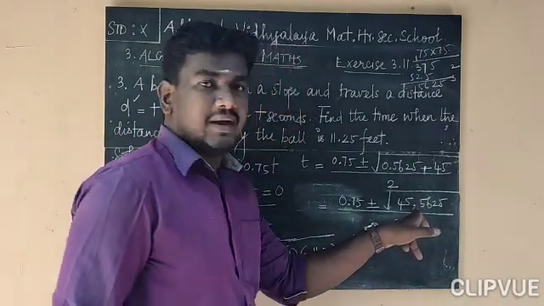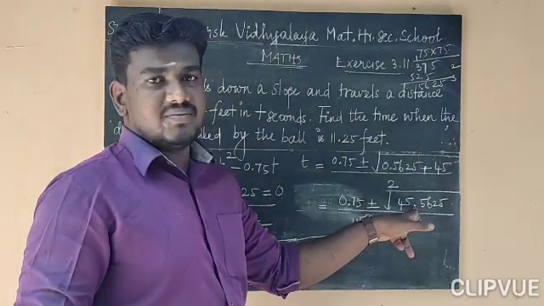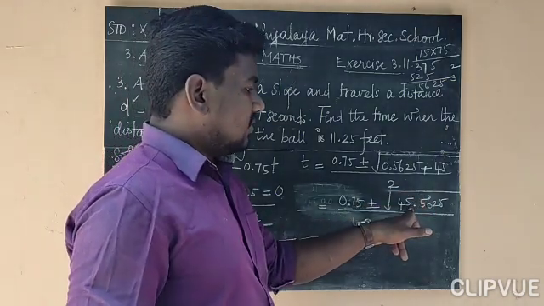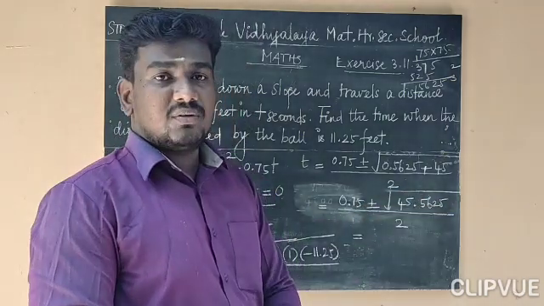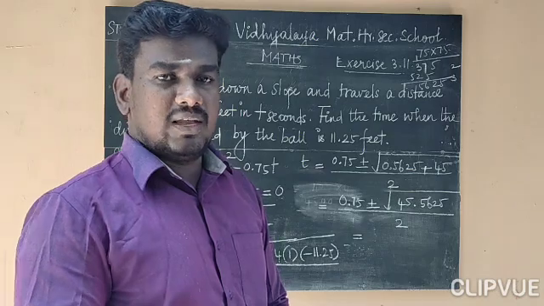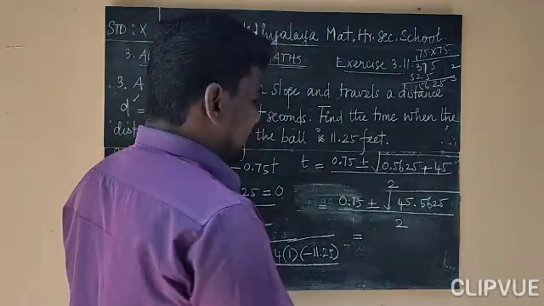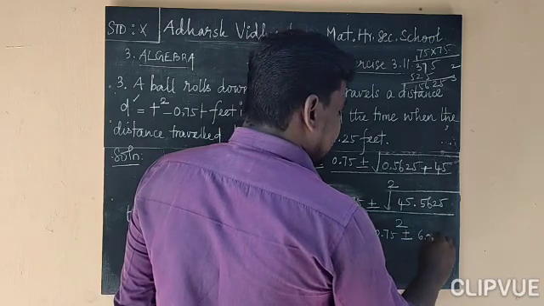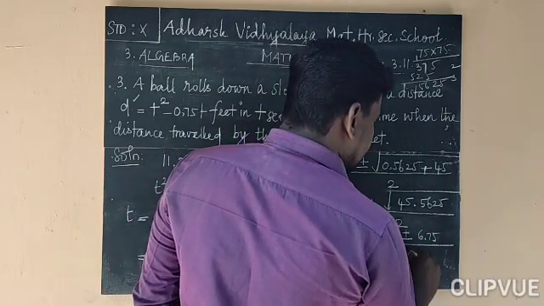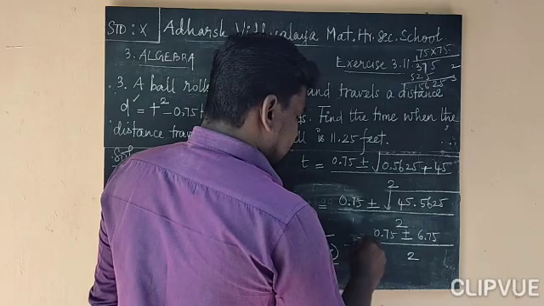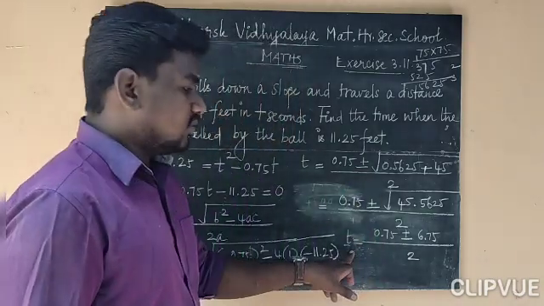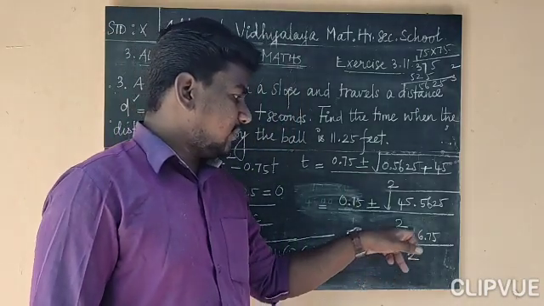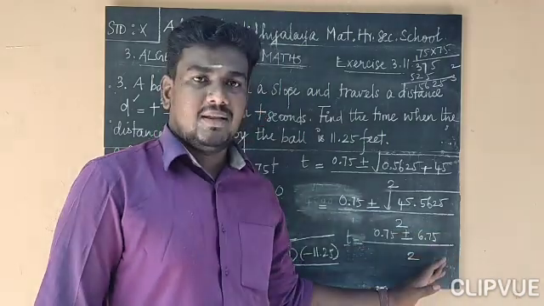You can find it by the long division method. So actually the square root of 45.5625 is equal to 6.75. You can practice it. So 0.75 plus or minus 6.75 divided by 2 is equal to t. Okay, so t is equal to 0.75 plus or minus 6.75 by 2.